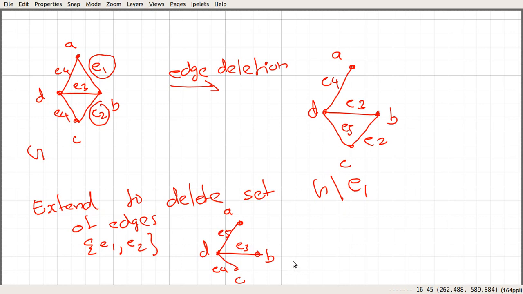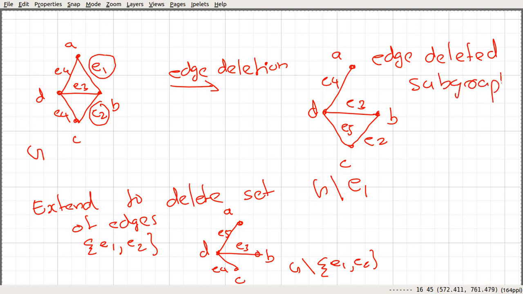This subgraph will be denoted by G backslash the set E1, E2. Here again we can see that this is another way one could obtain a smaller graph from a larger graph, and these are also subgraphs. These kinds of subgraphs are called edge deleted subgraphs. So this is an example of an edge deleted subgraph, and this is also an edge deleted subgraph.